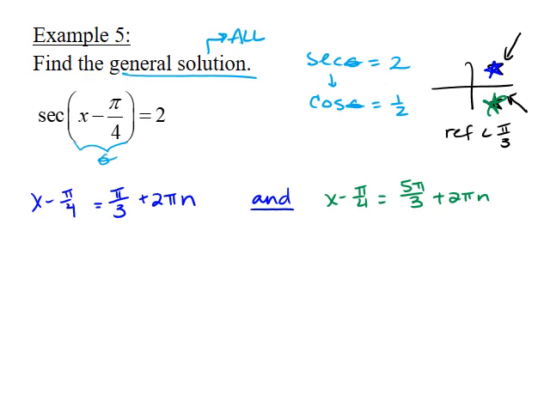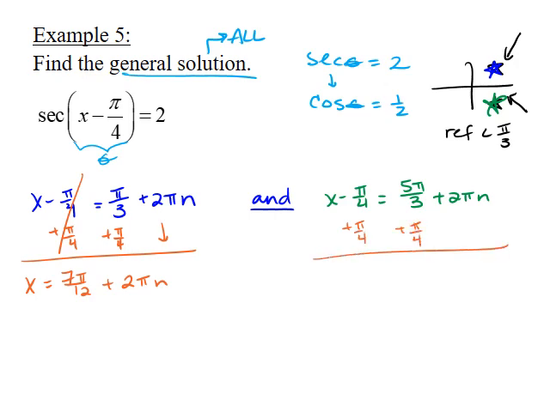Now if I'm going to solve this, I want x by itself, so I'm going to add pi over 4. So x is 7 pi over 12 plus 2 pi n. Over here, add pi over 4, get a common denominator, and you'll see that this is 23 pi over 12 plus 2 pi n.